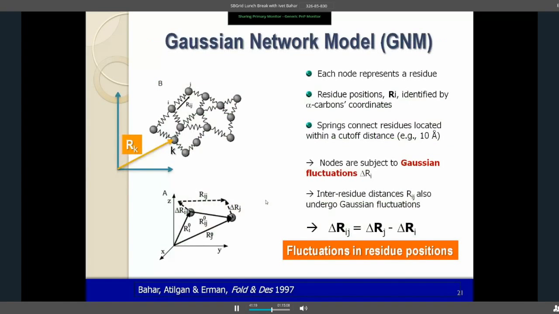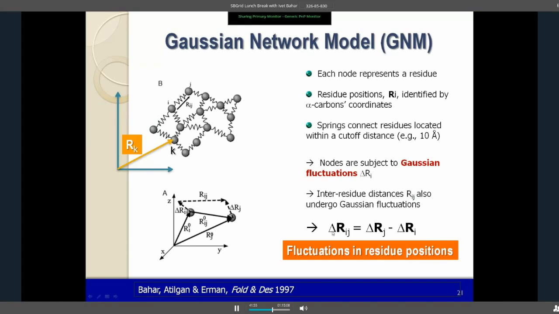So let me give more details on the Gaussian network model. As I mentioned, we are reconstructing the structure based on beads and springs. We use those position vectors Ri for residue positions. Especially what we are evaluating is the changes in the position vectors. And if we take the difference between two of them, we obtain the change in the distance vector.